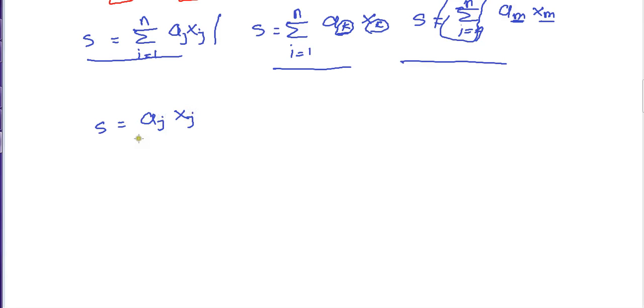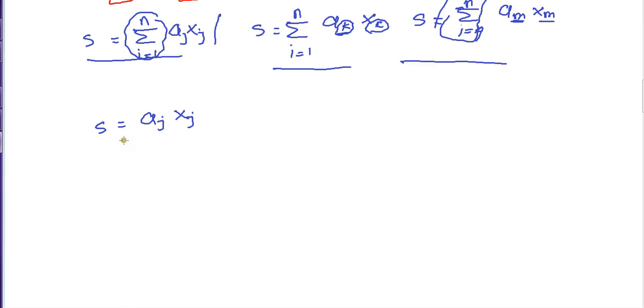This is exactly the same as the above form, but without the summation sign. If we write it like this, it's called Einstein's summation convention.